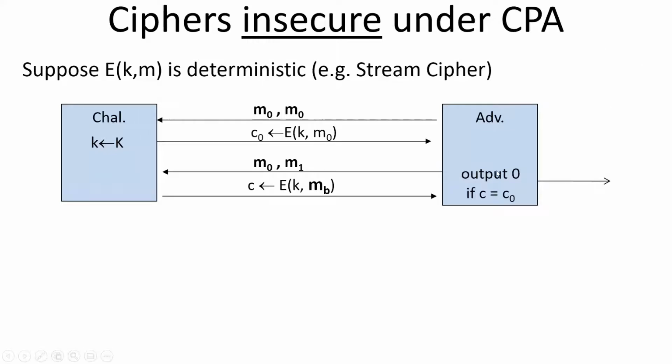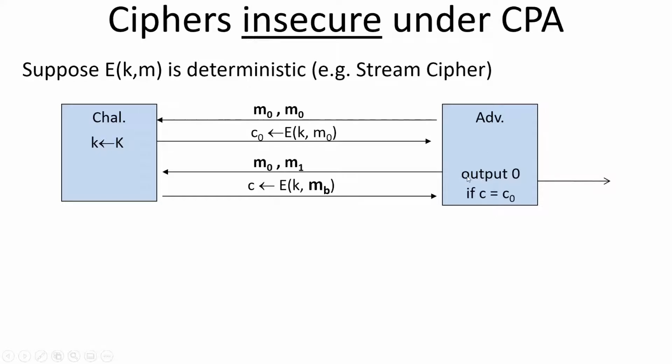And it is a perfect attack, because if encryption is deterministic, C is guaranteed to be equal to C0 if b was 0. And by correctness of decryption, if b is 1, then this ciphertext must be different from C0, because otherwise there would be no correct decryption.